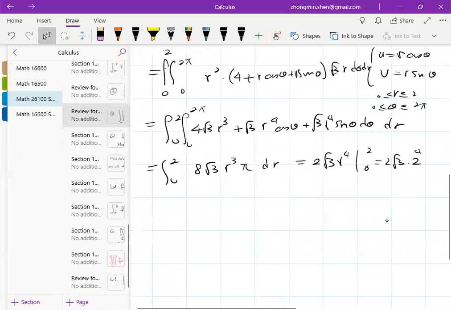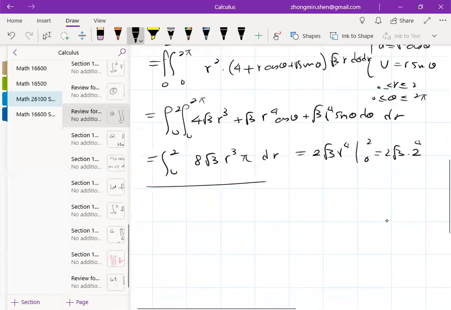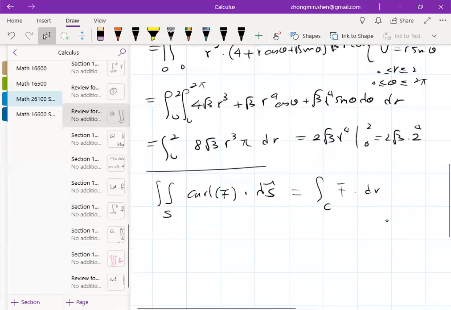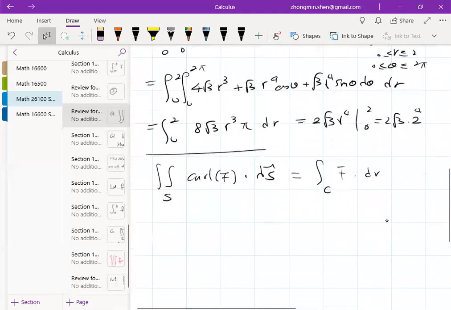Okay, so there are two formulas you can use. The first formula is the curl of the vector field. This is the surface integral. It can become the line integral. Okay, so that means the vector field cannot be arbitrary. It's the curl of some vector field. Then you can use that.